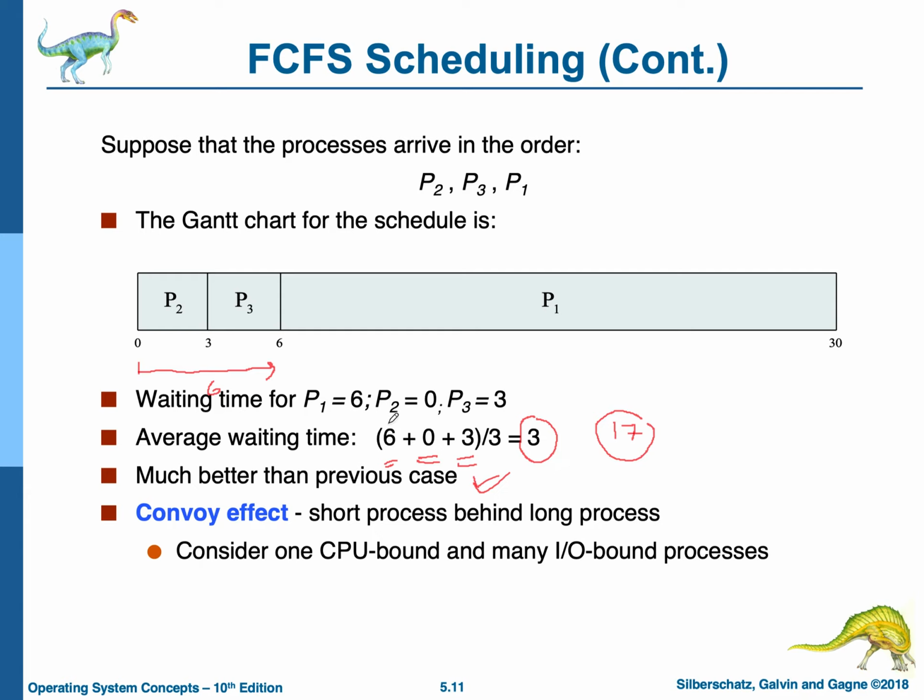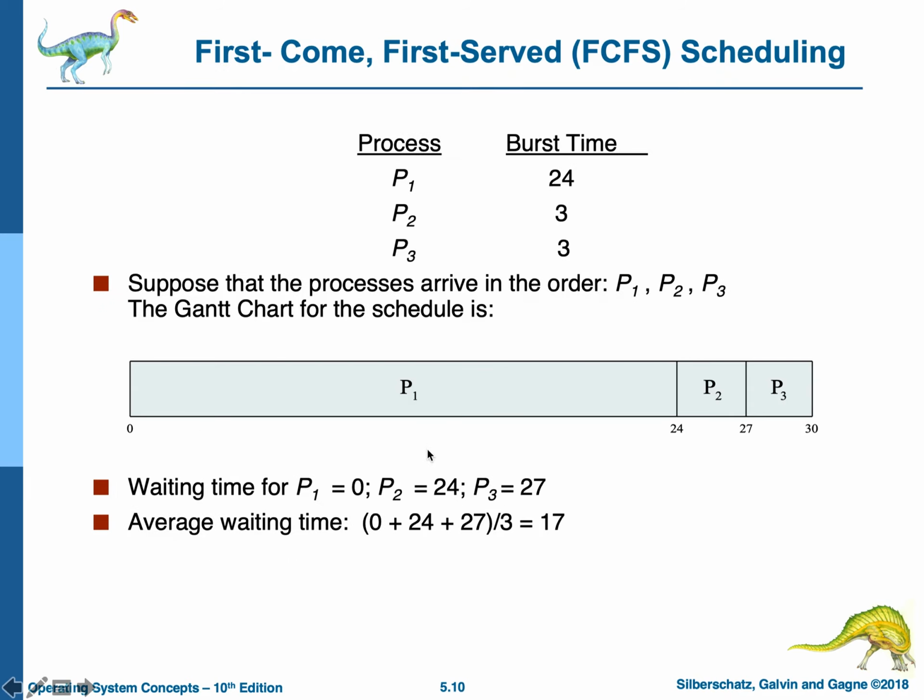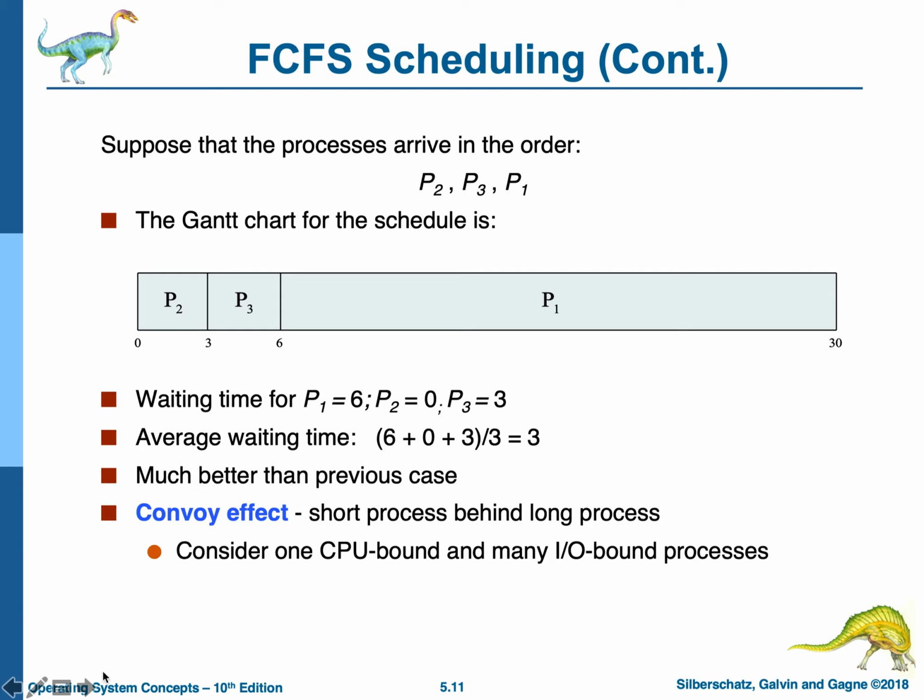Actually, this effect which we have seen previously is called the convoy effect. We are living in a country where if a prime minister is coming to a place, maybe a road or a market, where usually people walk through, this walkthrough is blocked.